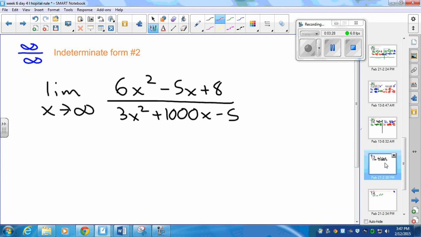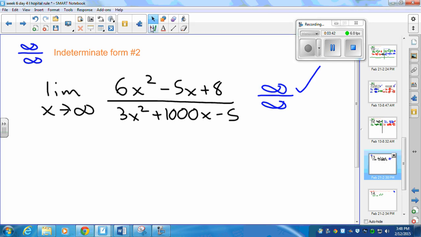Here's one where infinity over infinity is going to be the indeterminate form. Plug in infinity, I get infinity over infinity. Can't do. We've talked about this one today. So in Calc 1, what I told you guys, again, I want to make sure you see the relationship: degrees are equal, so I'm dividing the leading coefficients, and 12 divided by 6 is 2.